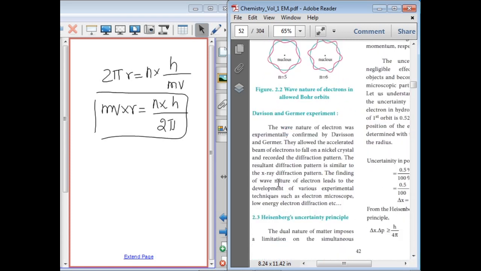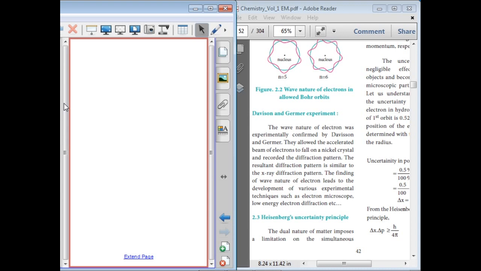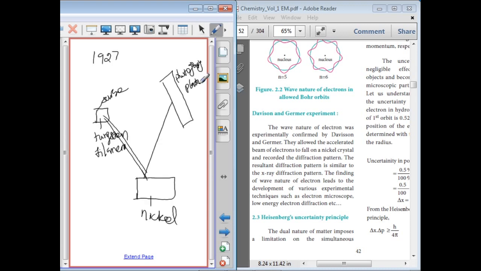The next concept is the Davisson and Germer experiment. The verification of wave character by the Davisson and Germer experiment. In the year 1927, Davisson and Germer observed that a beam of electrons obtained from a heated tungsten filament is accelerated by using a high positive potential.